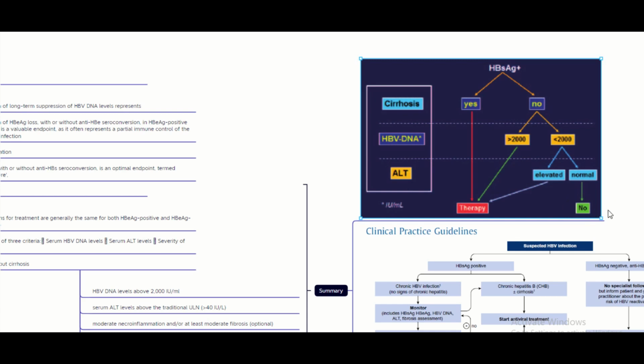Elevated ALT, we start the therapy. High HBV DNA, without even looking at ALT levels, we can start therapy. And if the patient is having cirrhosis and HBs positive antigen, we start without looking at other markers.